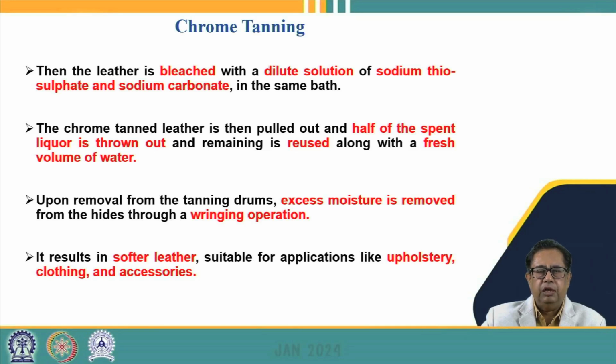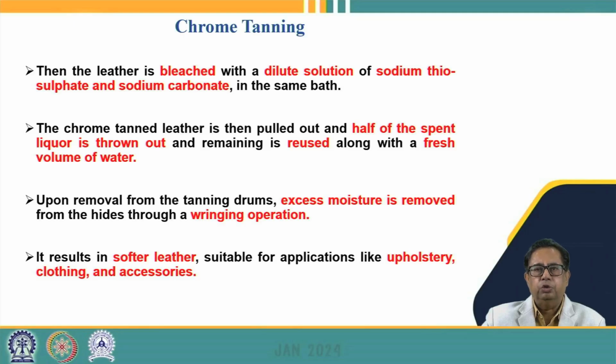Now some color has been added onto these hides, so we use a bleaching agent to remove this color. We can use a dilute solution of sodium thiosulfate or sodium carbonate in the same bath so that the color left after the chrome tanning can be removed from the hides.